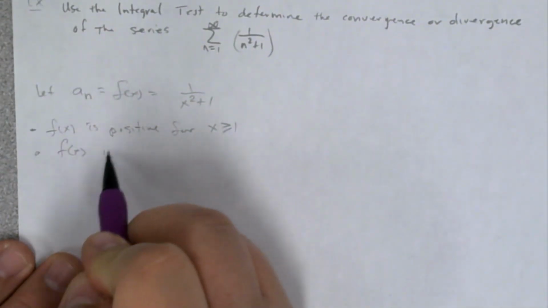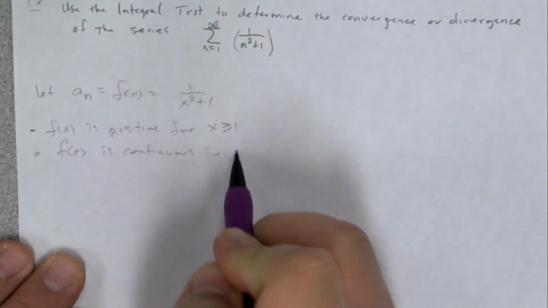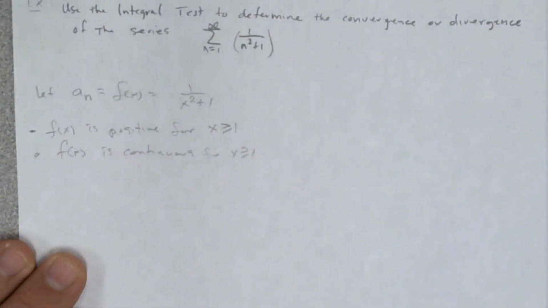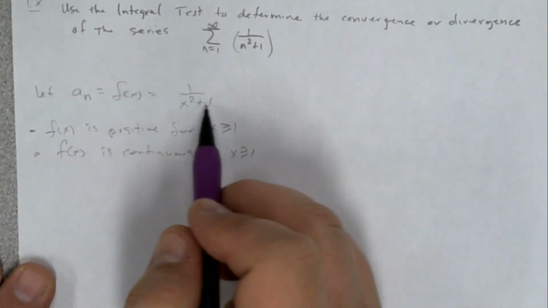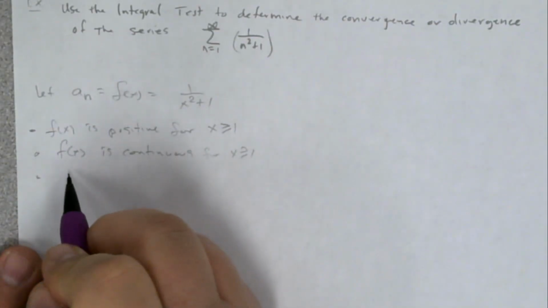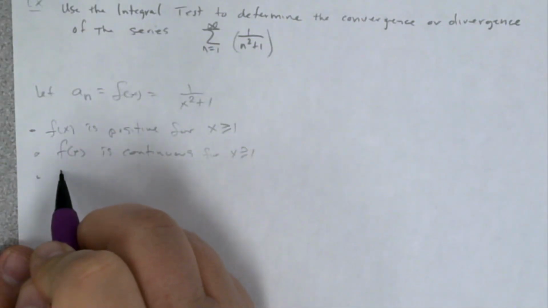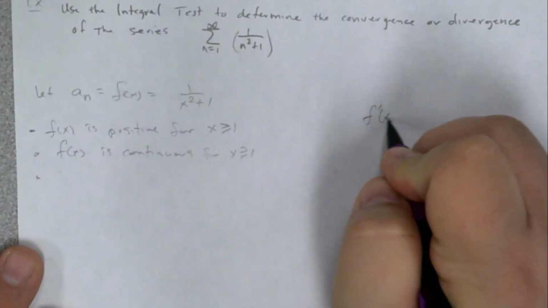F of x is continuous for x greater than or equal to 1. There's no place where there's a point of discontinuity, so you're good. And the last one is, is f decreasing? Okay, so we come over here and we do f prime of x equals.